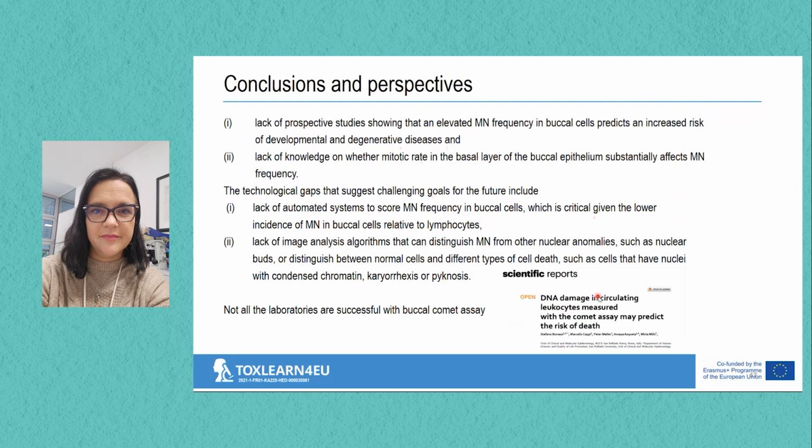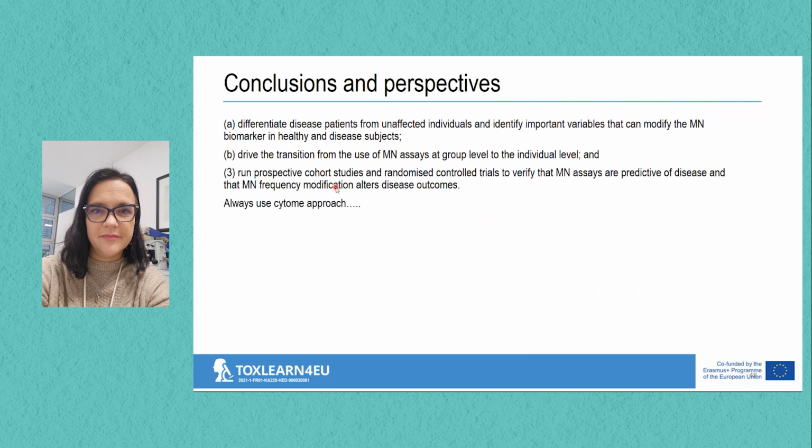Although we said that considering the buccal micronucleus assay there is still a need, because micronucleus is used in general to differentiate the healthy group and the disease group, there are still some disease variables that are important so that you can also use it on an individual level.